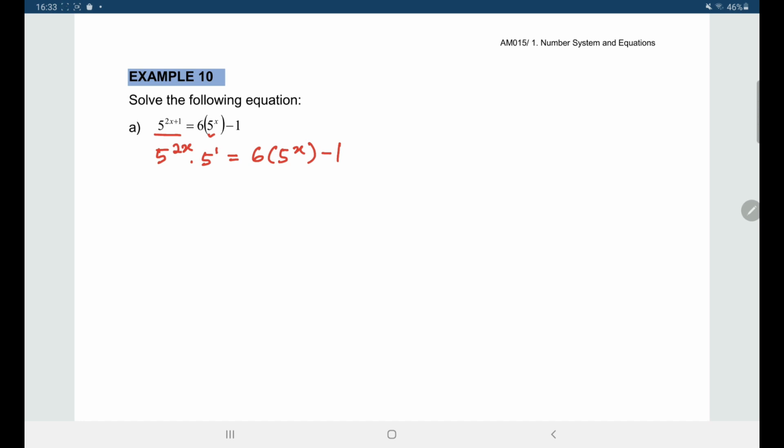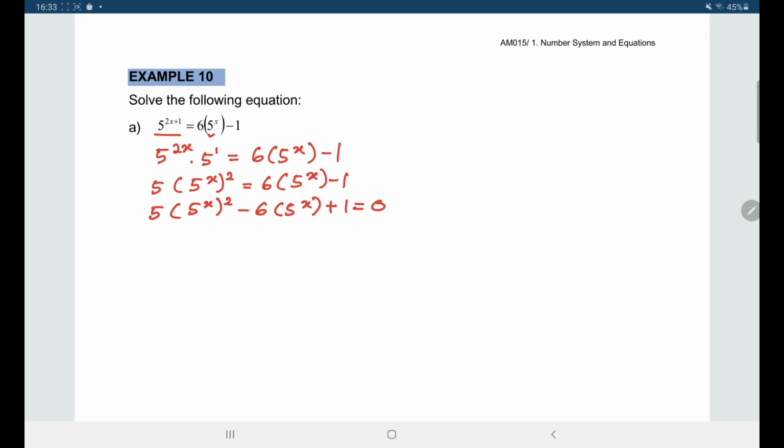Then we can write 5 times 5 to the power of x squared equals to 6 times 5 to the power of x minus 1. Rearrange the equation in general form of quadratic equation. So you can write 5 times 5 to the power of x squared minus 6 times 5 to the power of x plus 1 equals to 0.